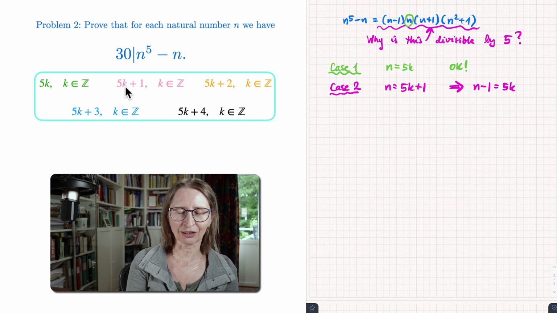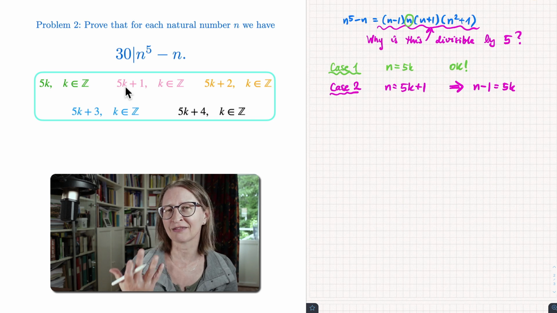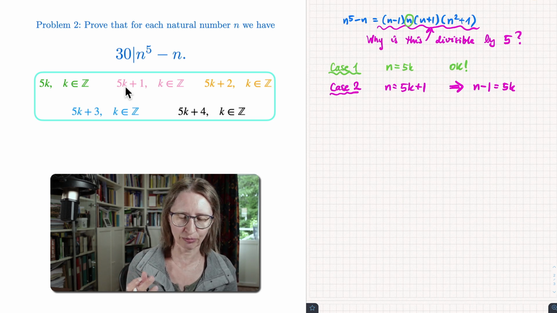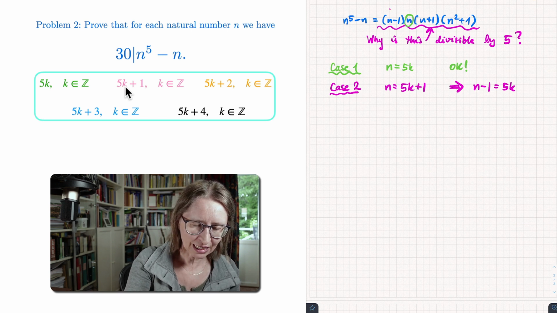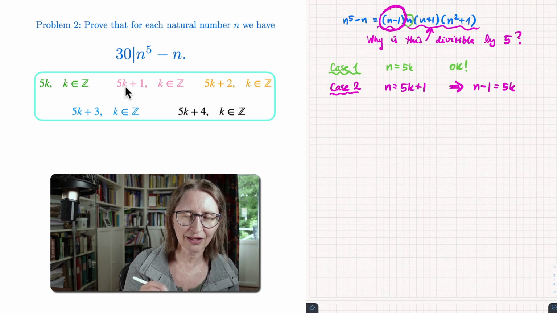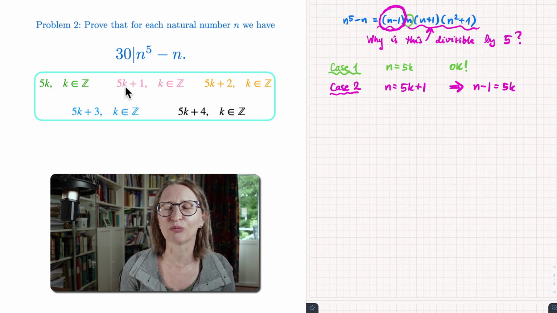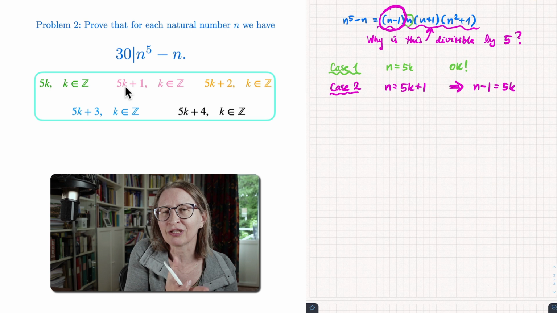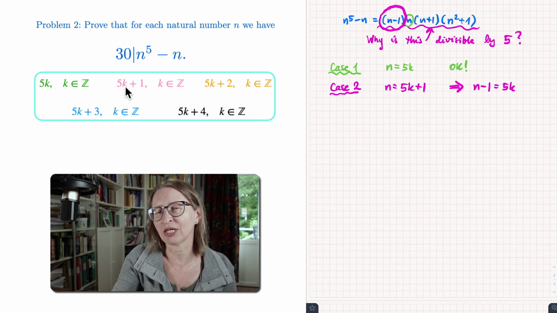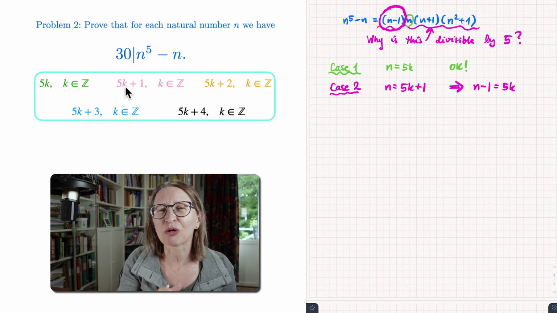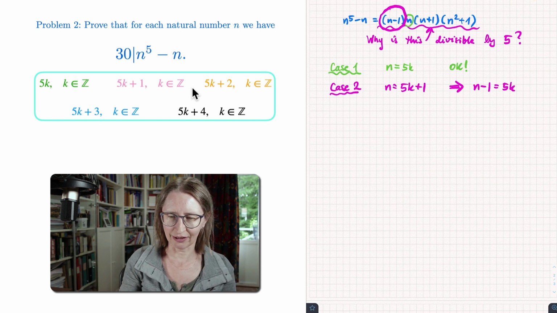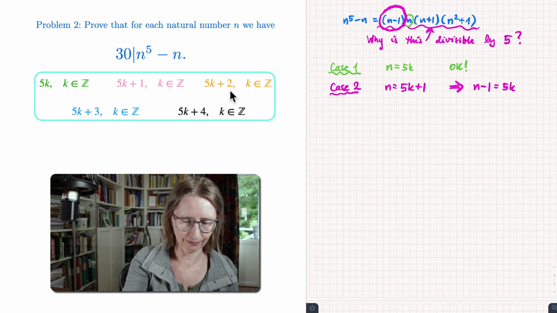Because if we subtract 1 from both sides, we will get that n minus 1 is actually a number which is divisible by 5. So in this second case, this guy here is divisible by 5. So it is a number divisible by 5 times some integer. So the entire product is divisible by 5. What about the next one?